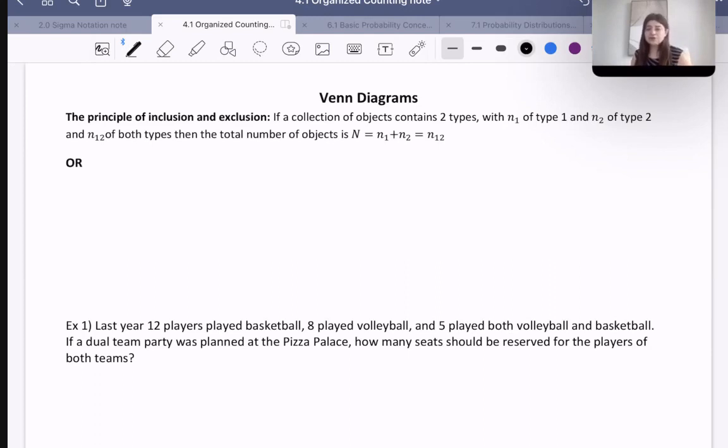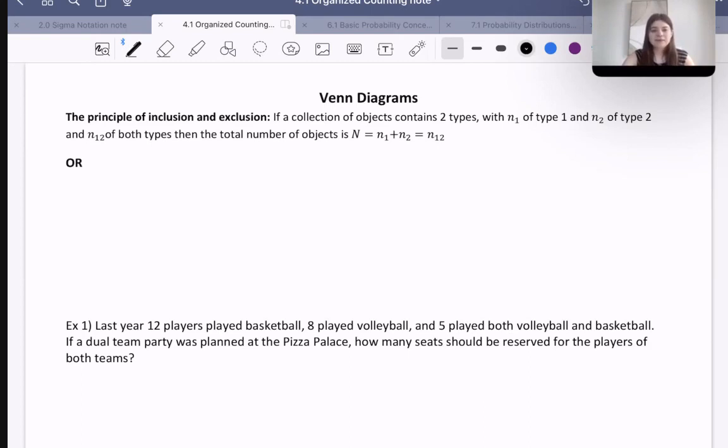So first thing I want to introduce is the principle of inclusion and exclusion. Basically, if a collection of objects contains two types, with n1 of type 1 and n2 of type 2, and n12 of both types, then the total number of objects is n equal to n1 plus n2, right?